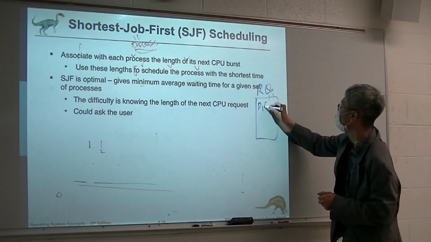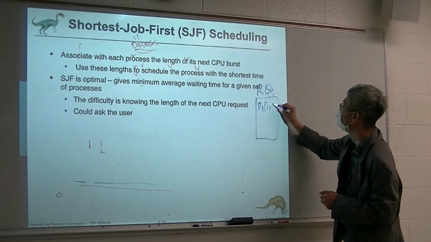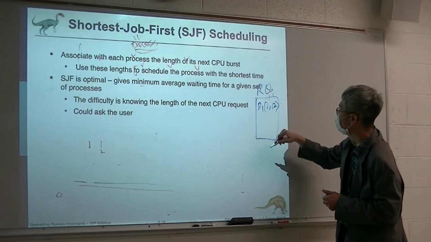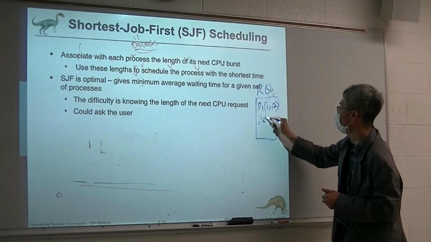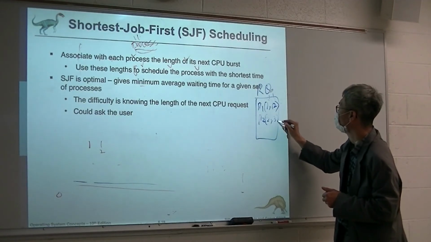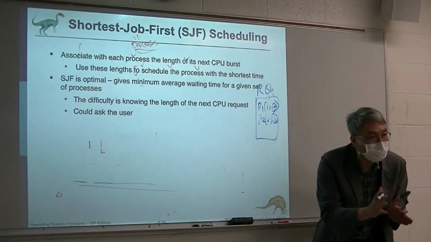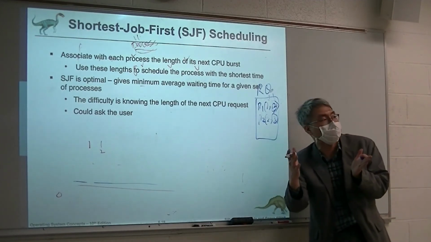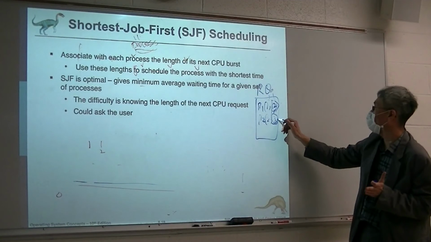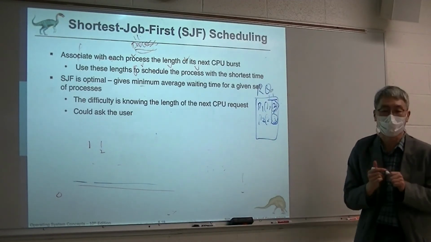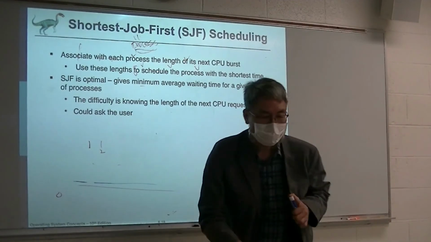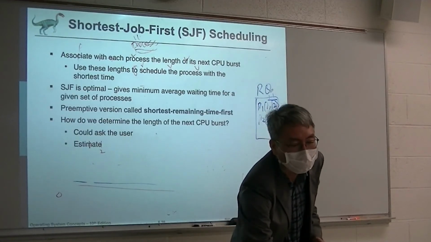So P1 has the arrival time 1 and needs 12 CPU time. Process 2 is arrival 2, but 3, like that. We are going to take a look at the time when the dispatcher is activated. At that time, take a look at this one. This is the priority. Okay, this is called Shortest Job First.